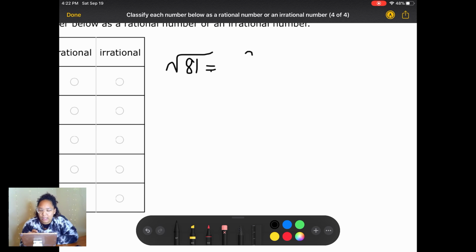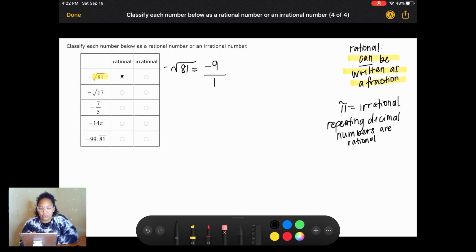Coincidentally, the square root of 81 is 9, right? So 9 times 9 equals 81, and the negative of that is negative 9. Can negative 9 be written as a fraction? Some people say, well, it's a whole number, so no, it can't be written as a fraction. Any whole number can be written as a fraction as long as you drop a 1 under the line. So this is a rational number, because this is a perfect square.